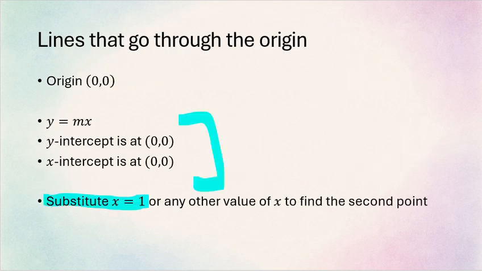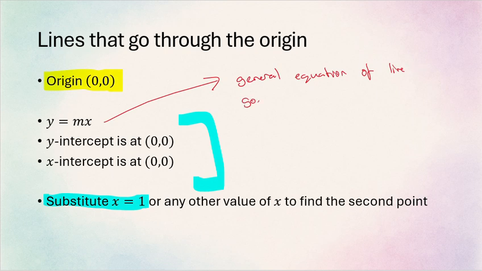All right, lines that go through the origin. These are very unique. Just remember, the origin is at (0, 0). This is your general equation of the line that goes through the origin: y equals mx.